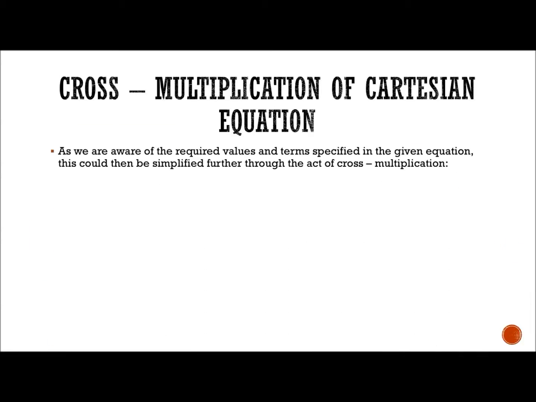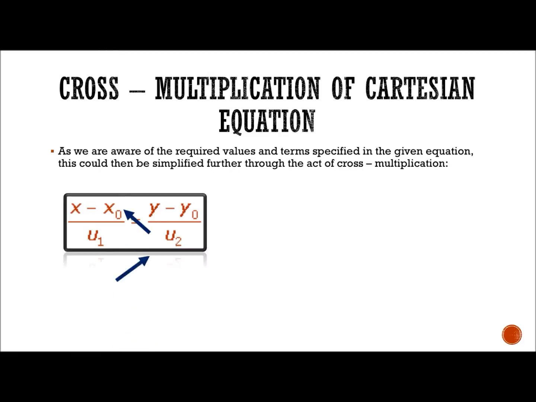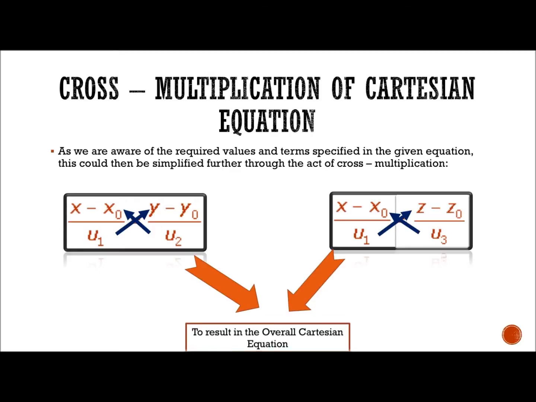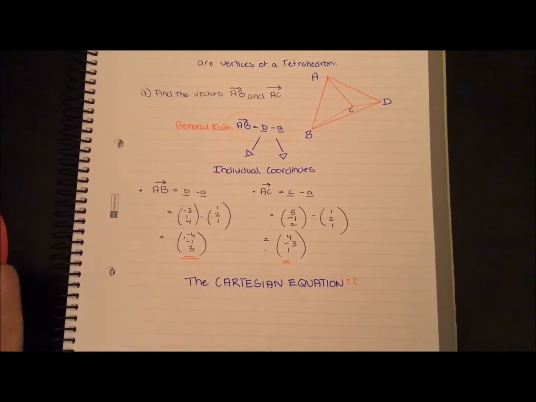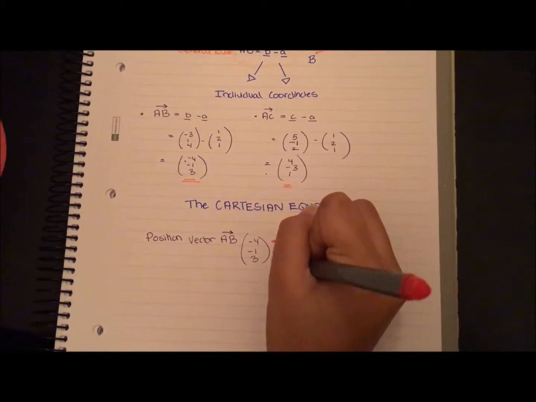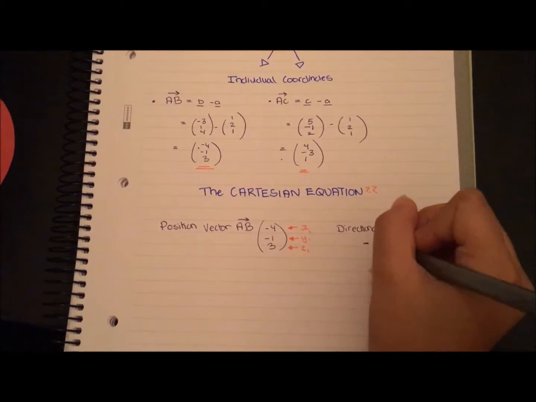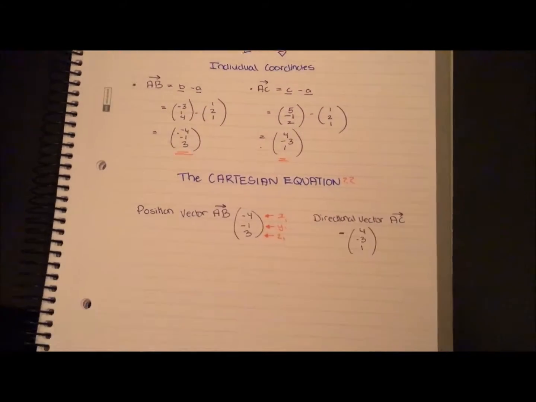The equation is then deduced through the act of cross-multiplying these forms of fractions to result in the Cartesian equation of the plane. Hence, as an application of this concept, we could label the vector points of AB as x1, y1, and z1, where AC could be our directional vector to be labeled as u1, u2, and u3.